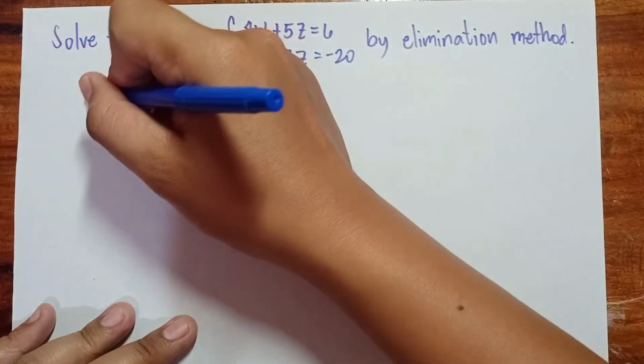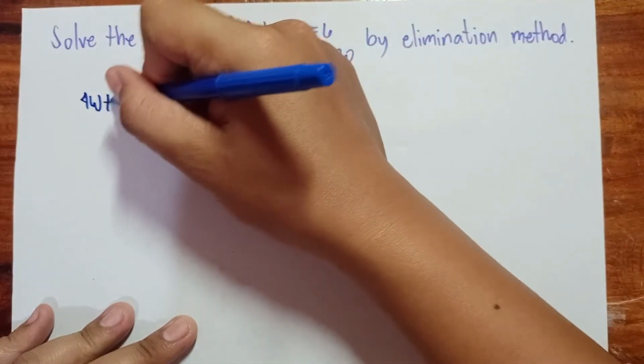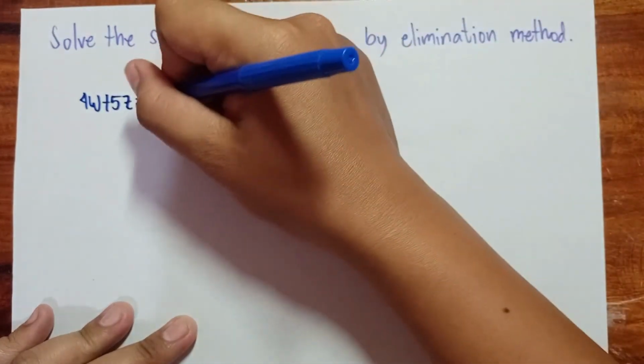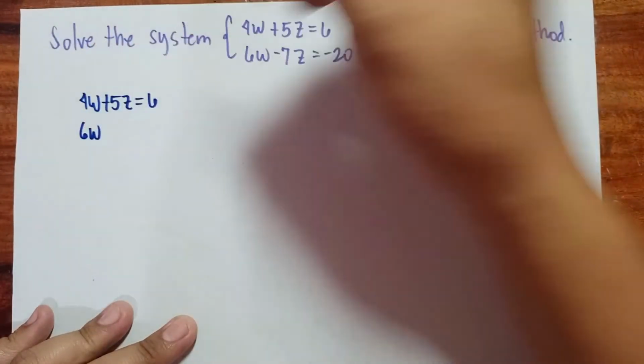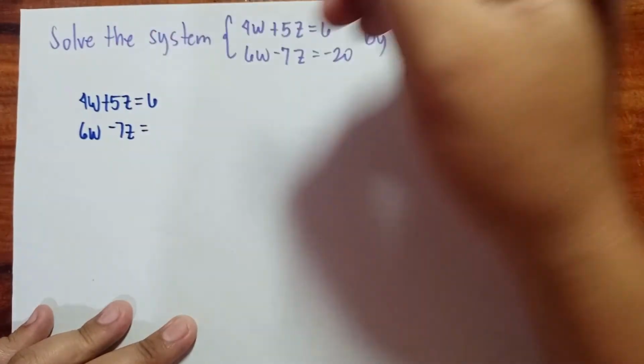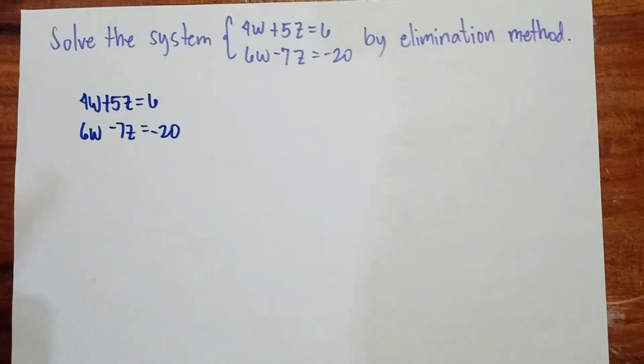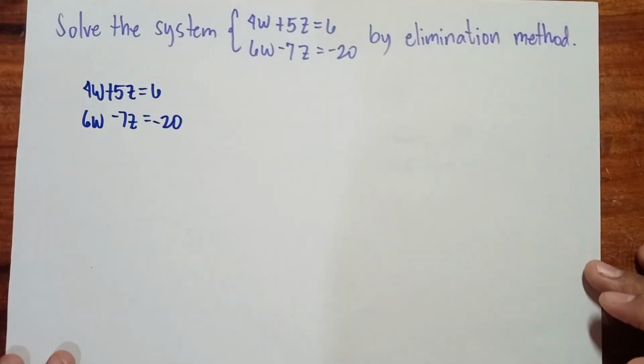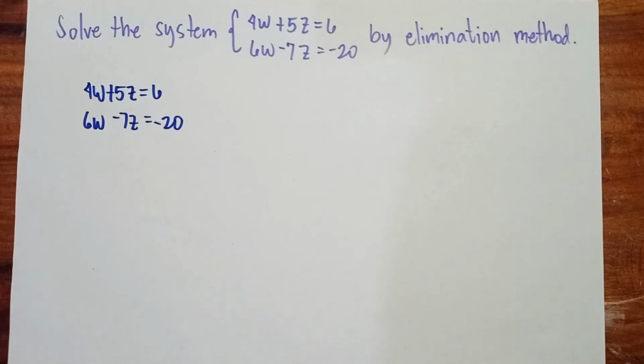So, since we have here 4w plus 5z equals 6 and 6w minus 7z is equal to negative 20, dapat mga boss, since gusto kong i-eliminate yung variable w, dapat yung coefficients nila, dapat additive inverse with each other. Okay? Since 4 and 6 are not additive inverses with each other, yung gagawin ko is, magmumultiply tayo ng non-zero constant to make their coefficients additive inverses.